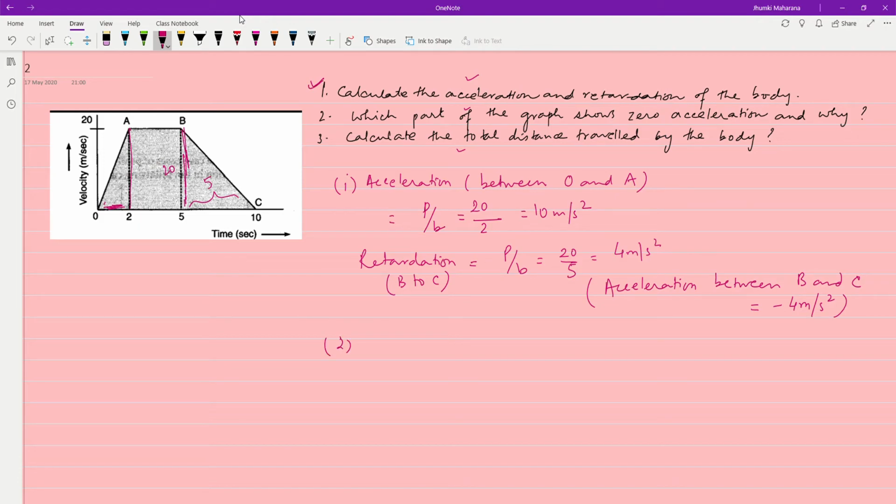Now the second question. Which part of the graph shows zero acceleration? Now if you look at this graph, AB is the part. Why? If you see this AB, this is parallel to the time axis.